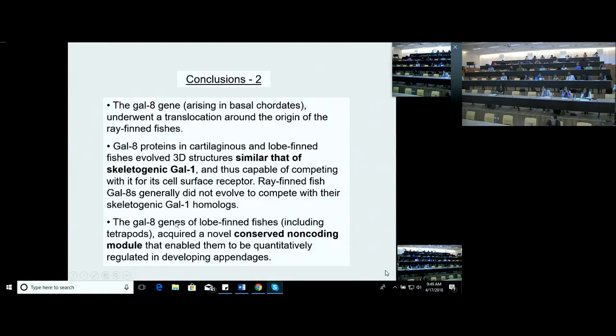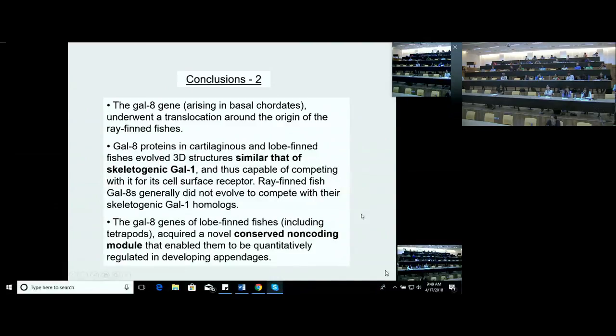The galectin-8 genes of lobe-finned fishes, including tetrapods, acquired a novel conserved non-coding module that enabled them to be quantitatively regulated in developing appendages.